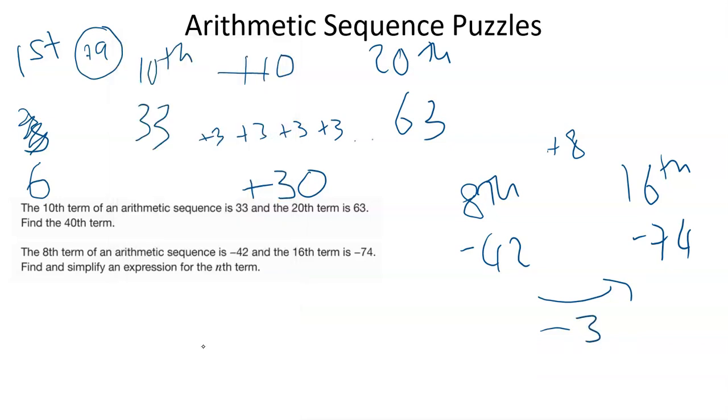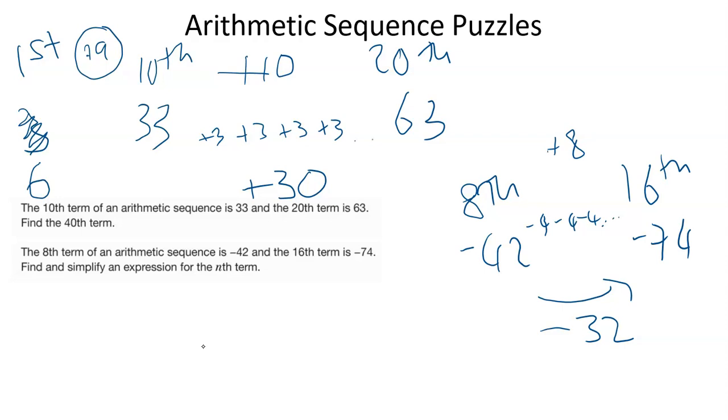So they've taken away 32. Minus 42, take another 32, will be minus 74. So those 8 steps representing minus 32, each step must be minus 4. Yep, all minus 4s in between.